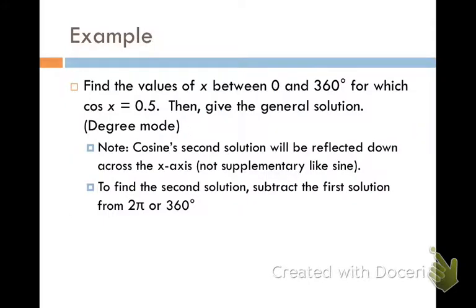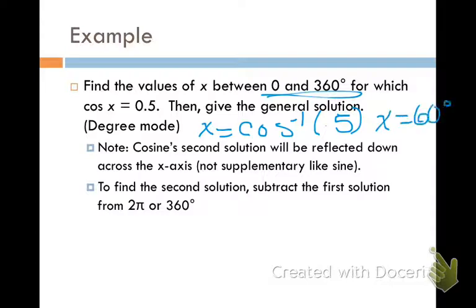Here's another example. This one will be on the unit circle, but we're going to be giving it in degrees this time. So we're going to find the inverse cosine of 0.5. Make sure you check the mode in your calculator. We're switching back. And we get an x value of 60. The other solution for cosine, cosine's positive in the first quadrant and the fourth. So this time, they're not supplementary like they were for sine.